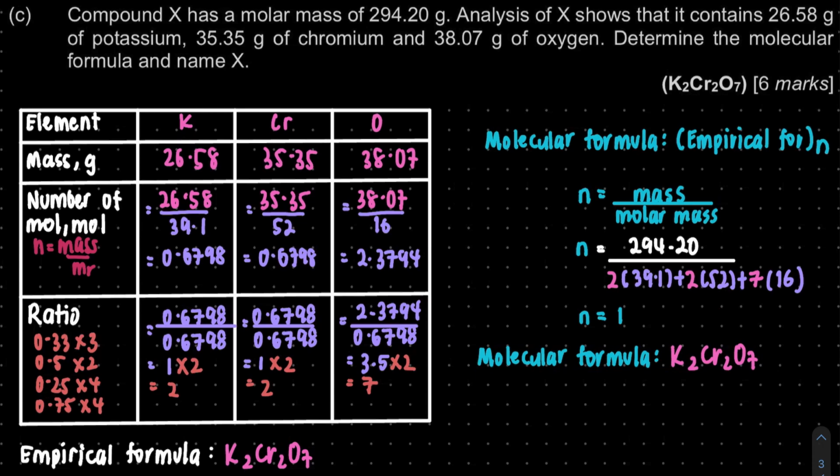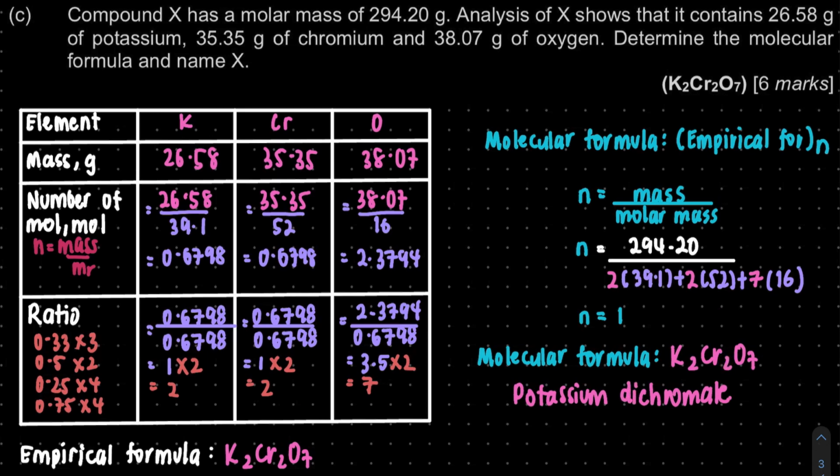So that's what the question wants, to determine the molecular formula. But then the question asks to name X, to name the molecule itself. K here is our potassium, and then we have our chromium. Usually for chromium we call it chromate, but since we have 2 chromium, the name would be potassium dichromate.